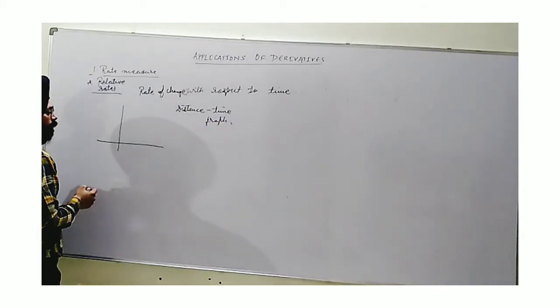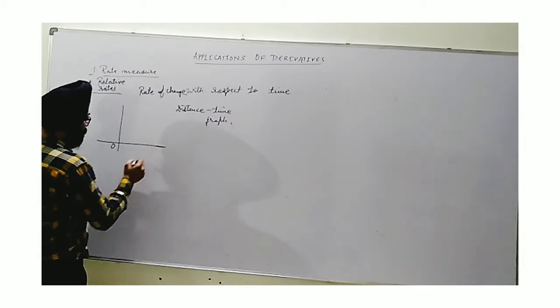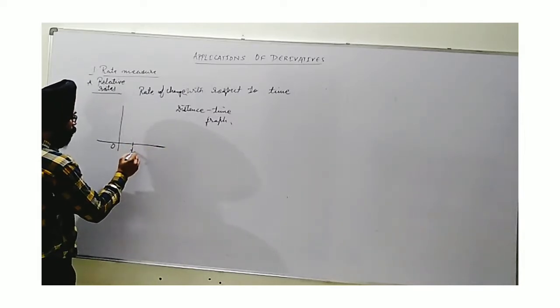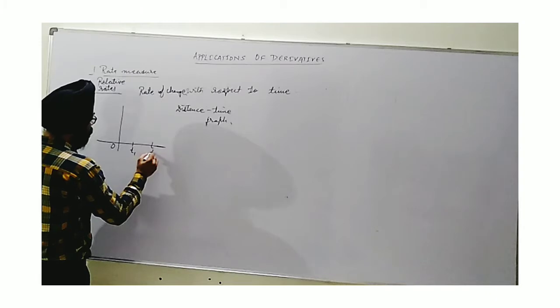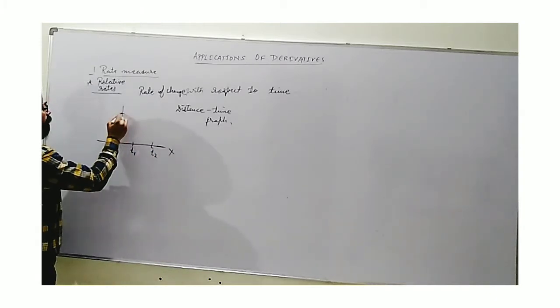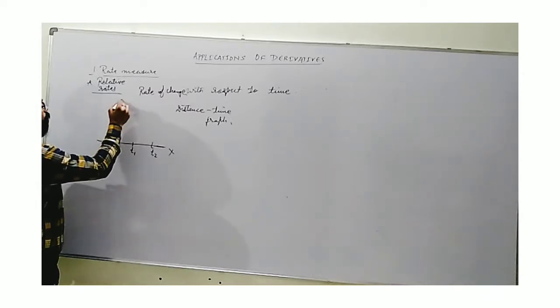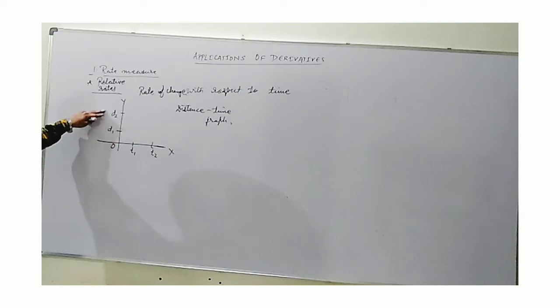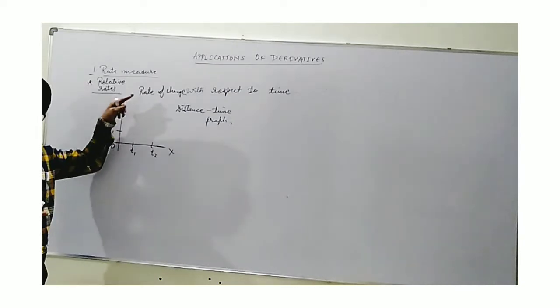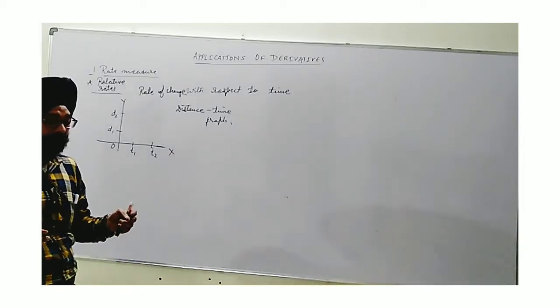Whenever we present a distance time graph, we consider two positions of time along the x-axis always, and two positions of distances are taken along the y-axis, namely d1 and d2. In some case, suppose distance is increasing, for sure it's increasing with respect to t, with respect to time.